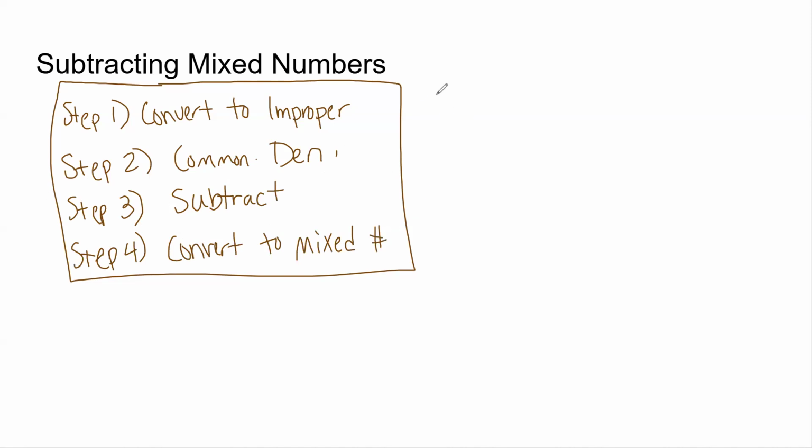Okay, so example 1. Let's do 7 and 3/8 minus 2 and 1/8. So those already have a common denominator. So technically we don't really need to convert to improper, but I'm going to do it anyway, just because I think the process is good and it will help when they don't have a common denominator.